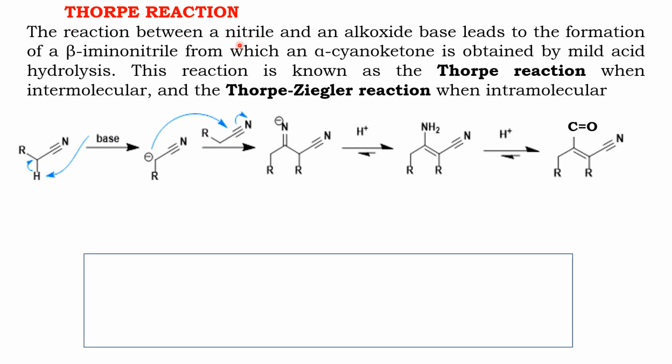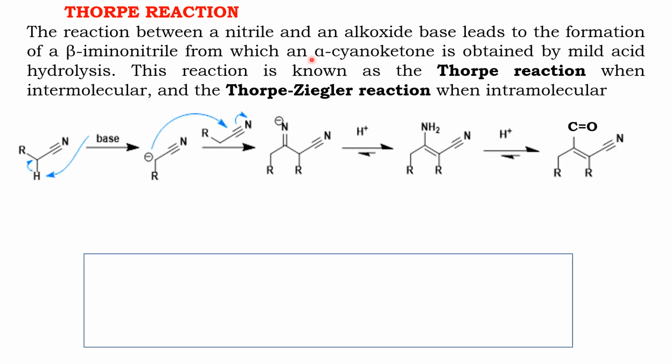So a nitrile and an alkoxide base. So we treat a cyanide and an alkoxide base. So they undergo certain reactions so that we finally get a beta-iminonitrile, from which we could have an alpha-cyanoketone.